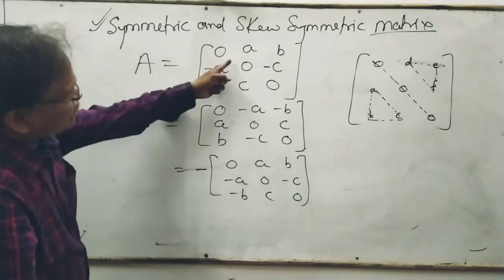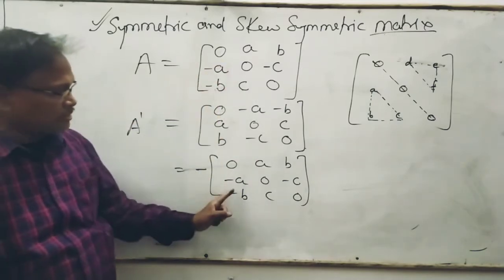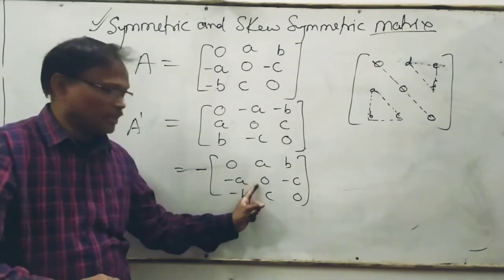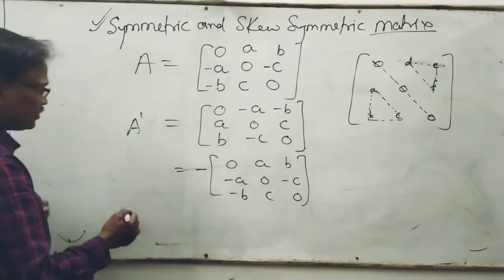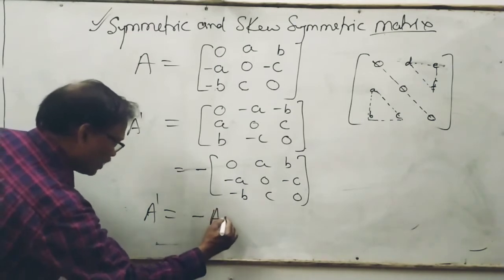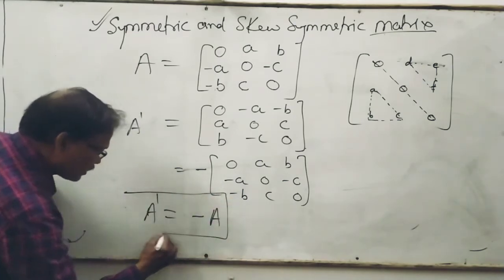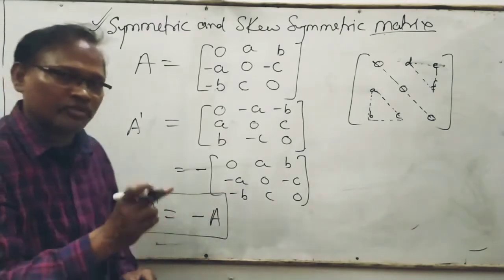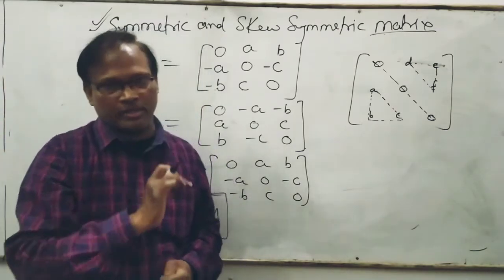This matrix and this matrix, can you see these two matrices? Yes, these two are the same. It means you can say this A dash is equal to minus A. In place of this you can write the A. This is the property of the skew symmetric.